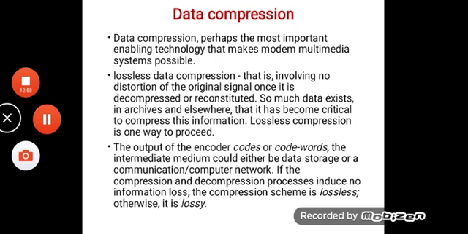Then the output of the encoder, codes or code words, the intermediate medium, would either be data storage or a communication computer network. If the compression and decompression processes induce no information loss, the compression scheme is lossless, otherwise it is lossy.